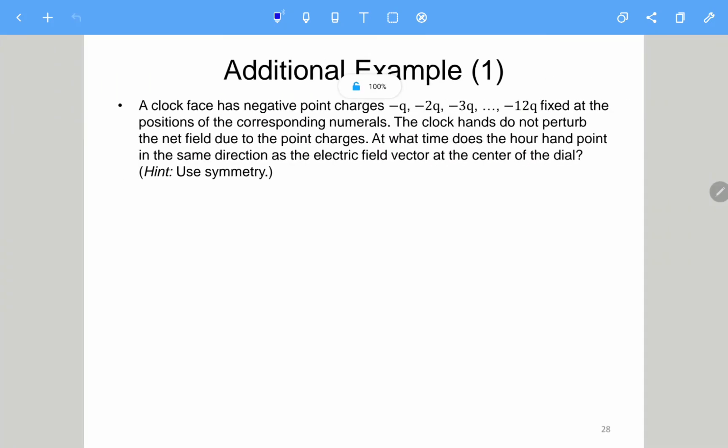Okay, so here we have two additional examples. As mentioned, I will just finish this part before we have a break. This one says a clock face has negative point charges, negative Q, negative 2Q, up to negative 12Q, fixed at the positions of the corresponding numerals, like the clock.